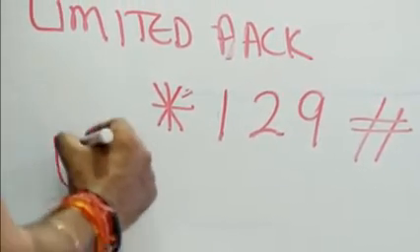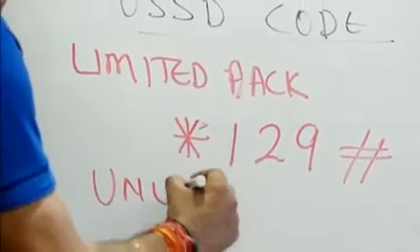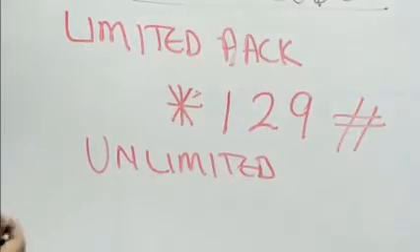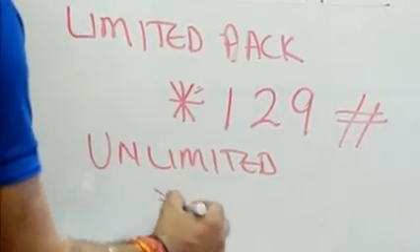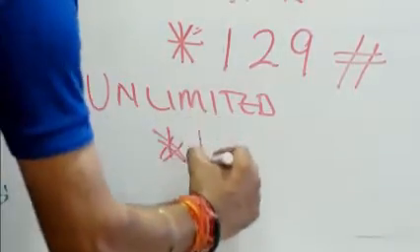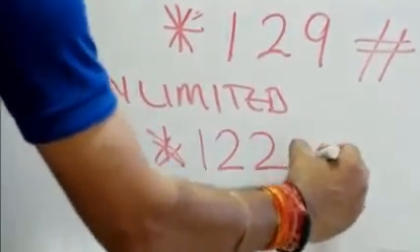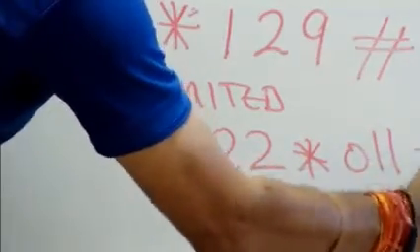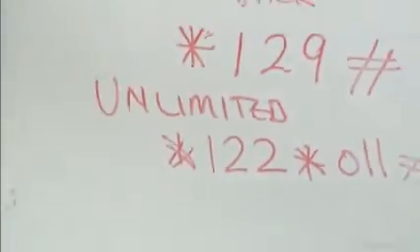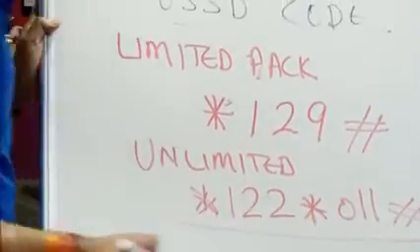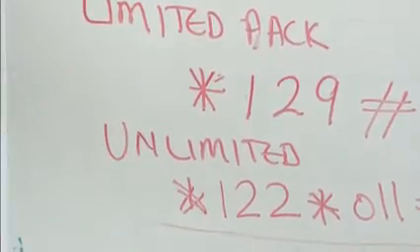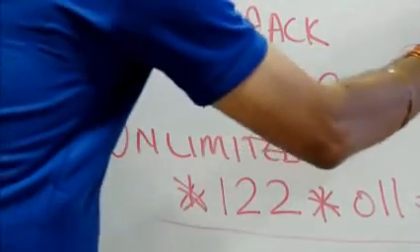For an unlimited pack, you have star 1 2 2 star 0 1 1 hash. You dial this code. In both the codes, whatever balance you have available in your handset will get displayed on the screen.